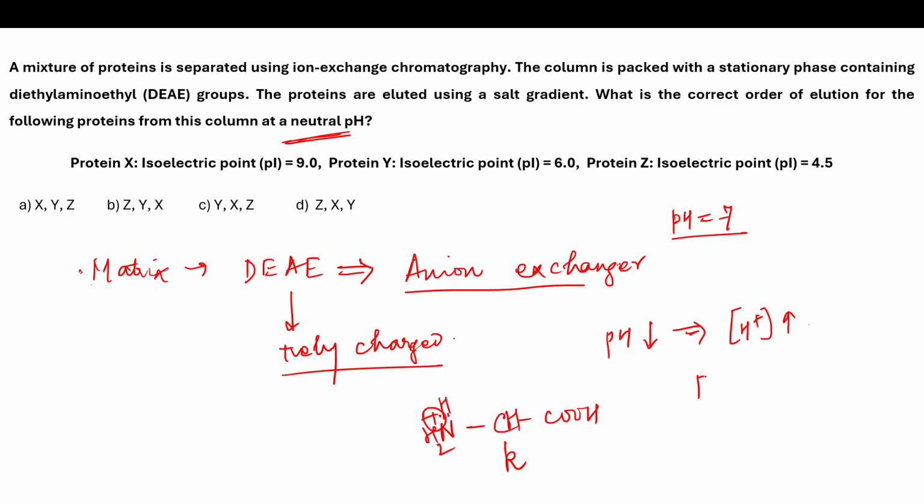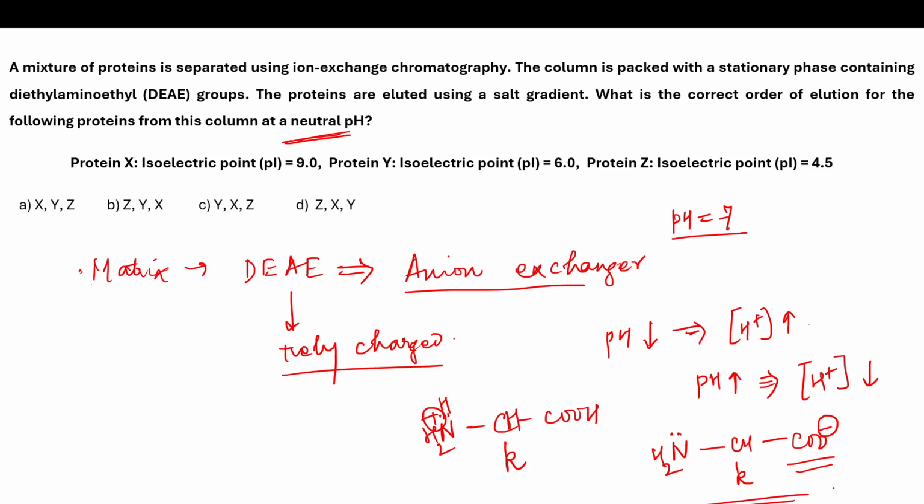However, when the pH is high, the H plus concentration is low, and this exists as NH2 and this exists as COO minus.